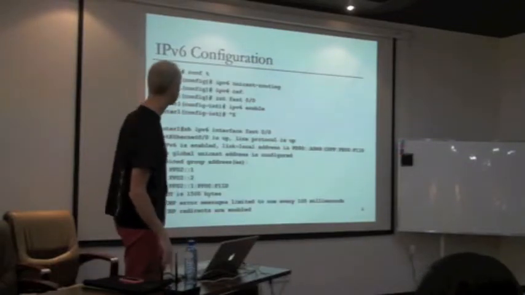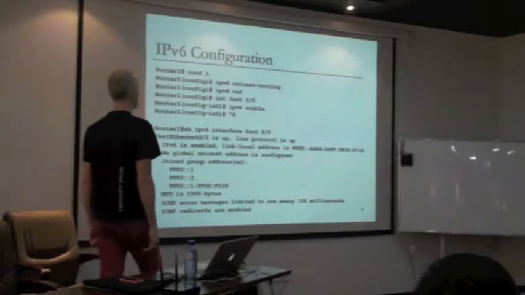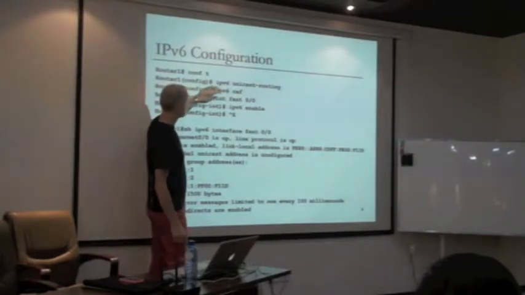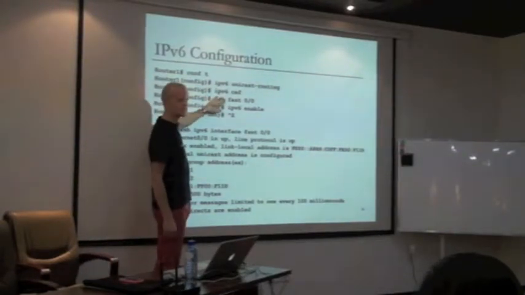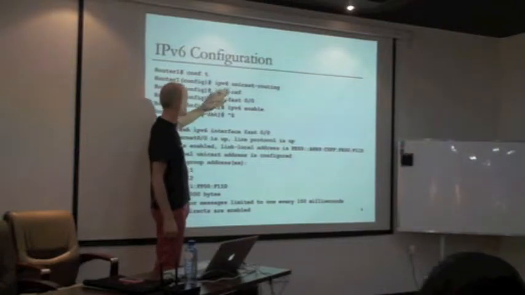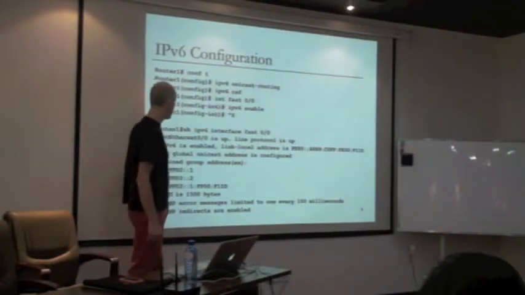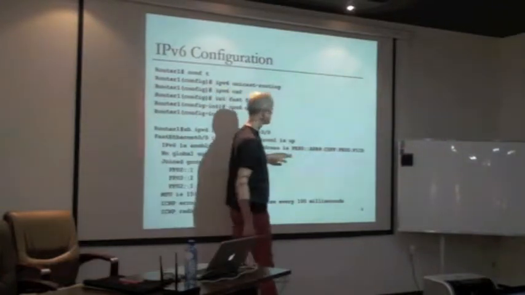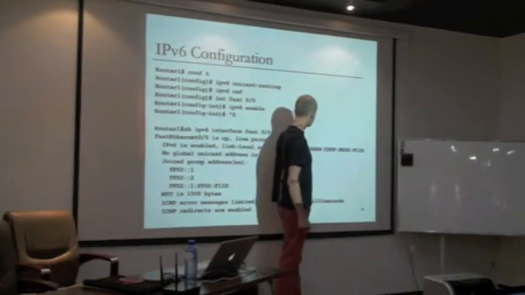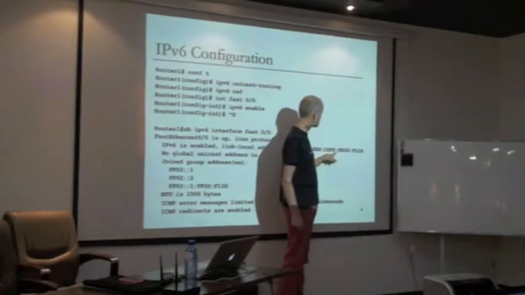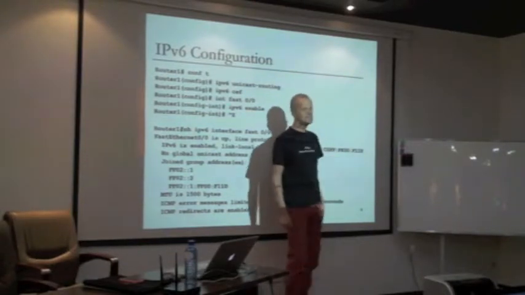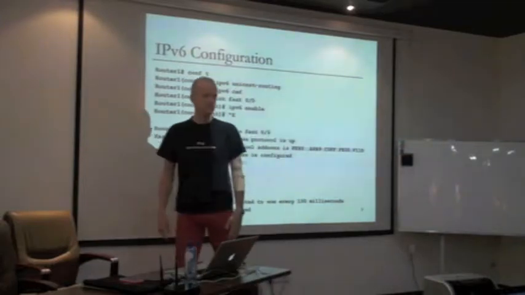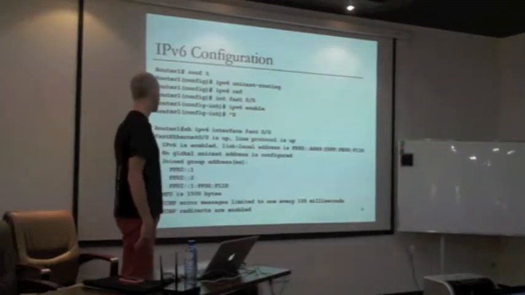So we look at the examples. Here we go, IPv6 unicast-routing, IPv6 CEF, in fast0/0, go to the FastEthernet, IPv6 enable, and here we are. V6 is enabled. We've got the link local address. We've got the MAC address here, A8B9:C0FF:FE00:F11D. So that's the link local address.